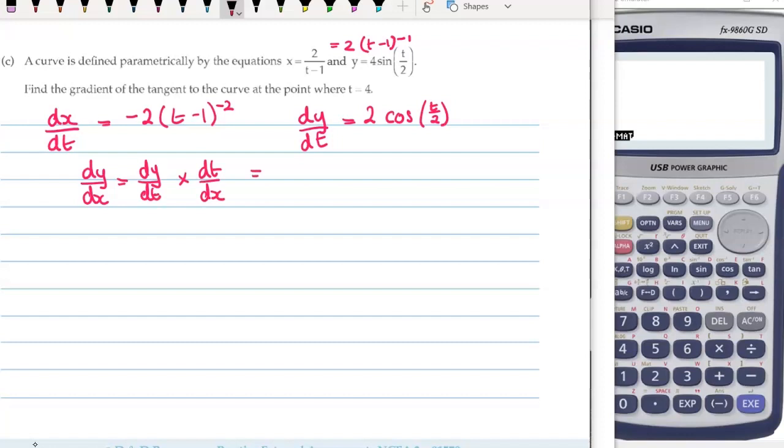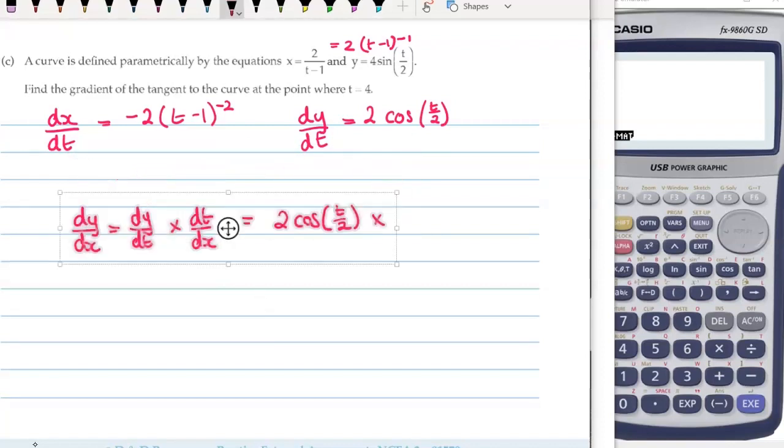So dy by dt was 2 cos of t over 2 times by, we need to flip over the dx by dt. So let me just move this out of the way a little bit, show you what I'm doing up here. Okay, so this is minus 2 over t minus 1 squared.